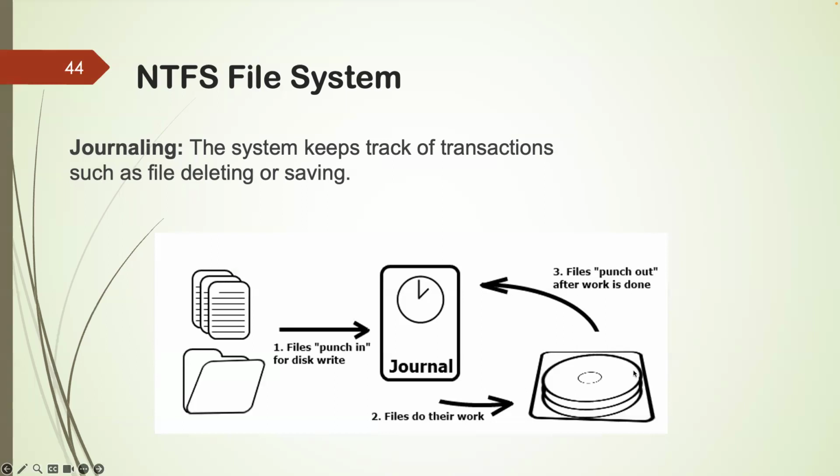Now if anything happens during that operation, like your system powers off, or there is some other disturbance during that time, and your PC turns off, the next time you start the PC, the file system will automatically look into the journal, and whatever you were doing before that crash, the file system will automatically try to recover that.